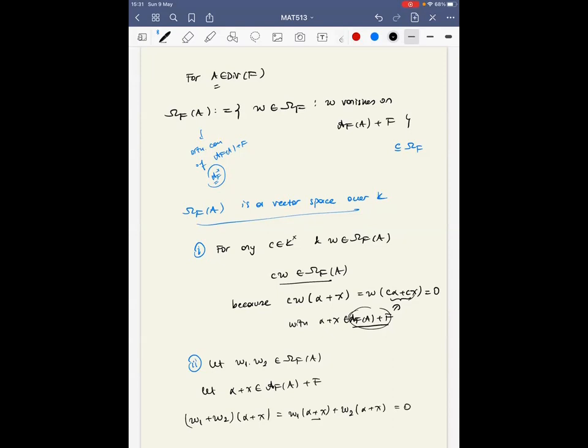Because we know that omega 1 vanishes on this space, so the image of this element under omega 1 is going to be 0. And since omega 2 vanishes on this vector space, the image of every element is going to be 0. And this gives us the desired result.